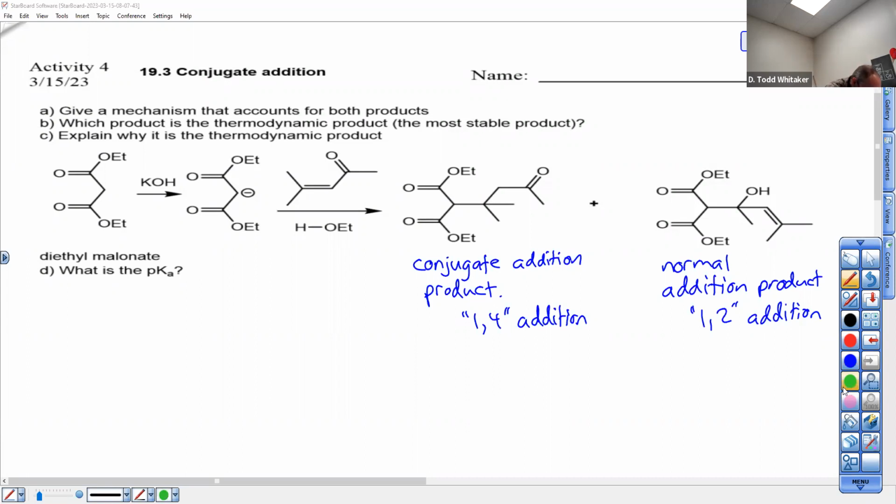Once again, I'm going to ask you the pKa of this species. And you're going to say 10. And why is it called diethylmalonate? That's a good question. That's a malonic ester.